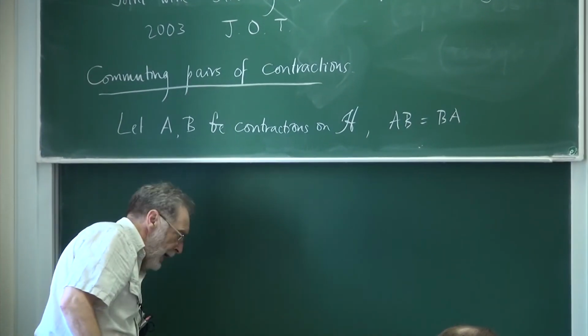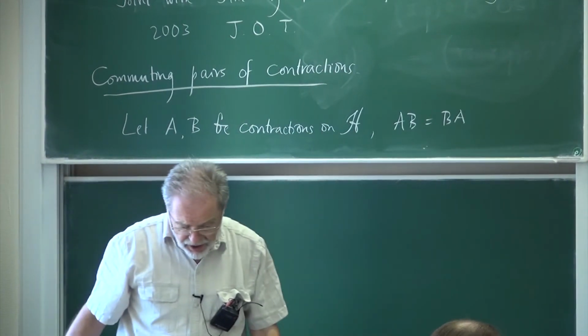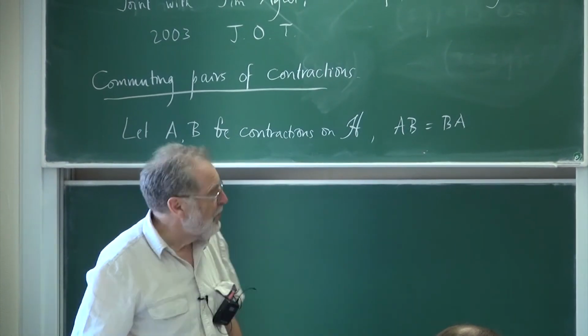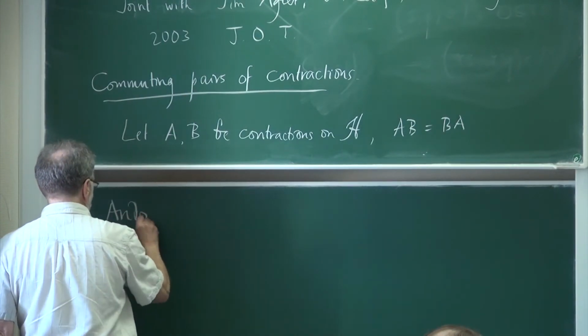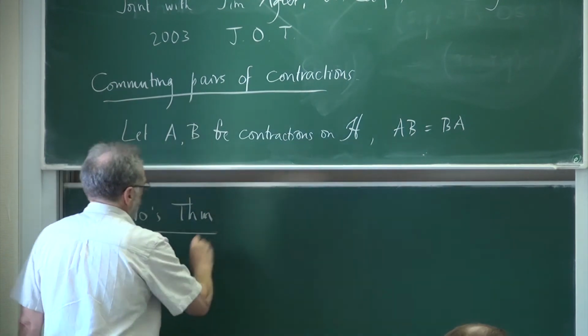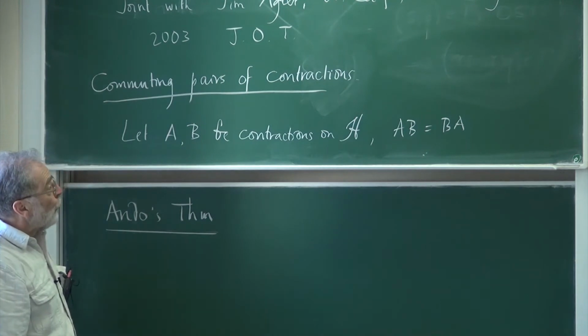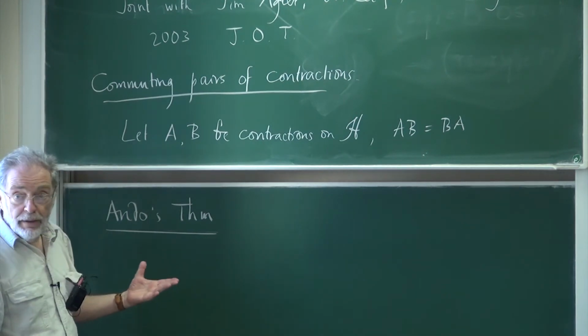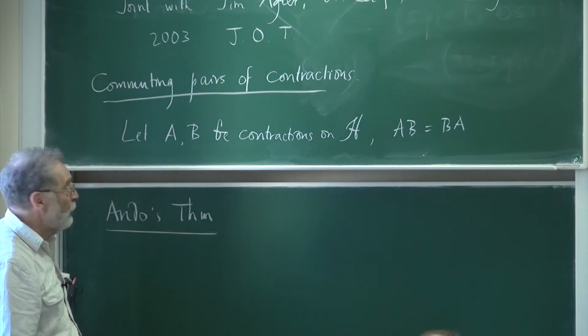Then there is a celebrated and remarkable theorem of Ando that says that the pair A, B have a commuting unitary dilation, a commuting pair of unitary dilations.